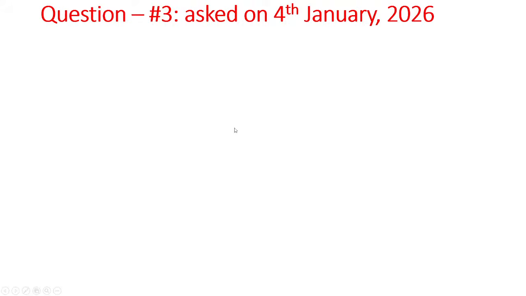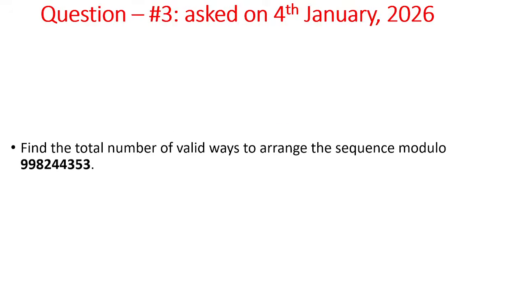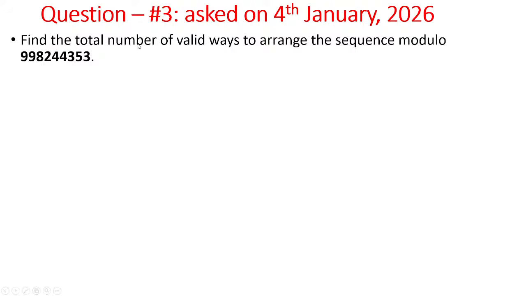Right. So question number 3, which was asked in the 4th January 2026 Infosys examination. The question is: find the total number of valid ways to arrange the sequence modulo 9982444353.